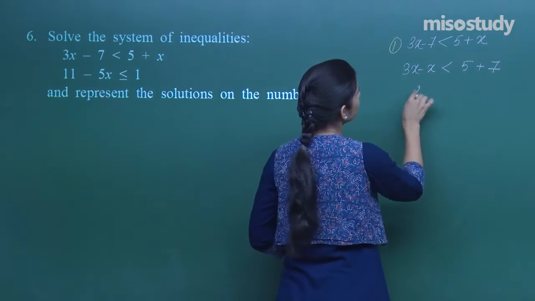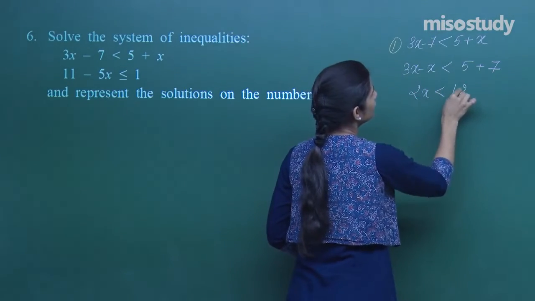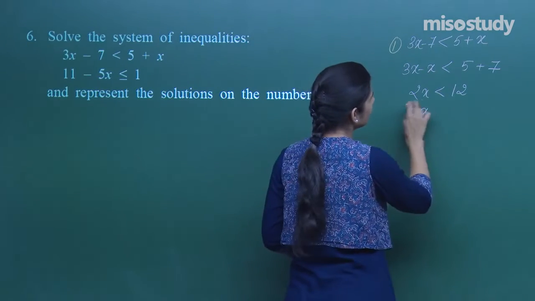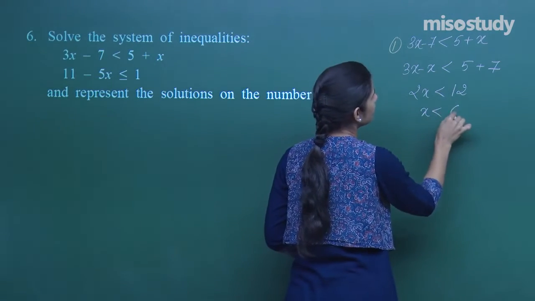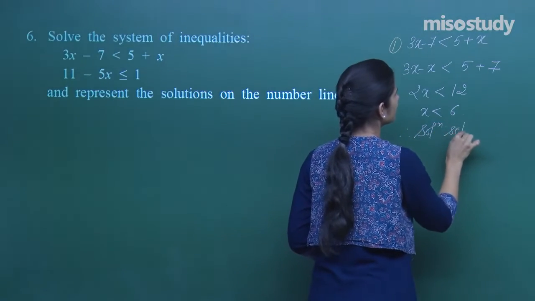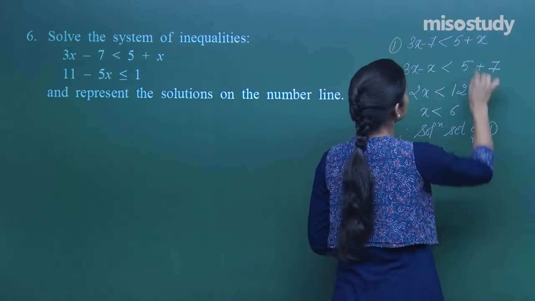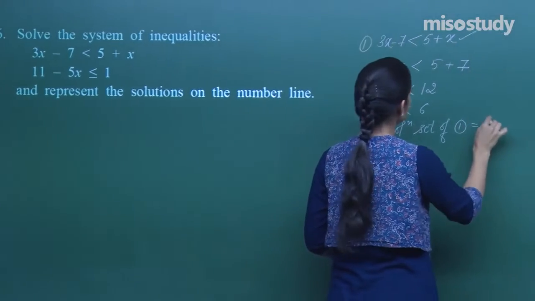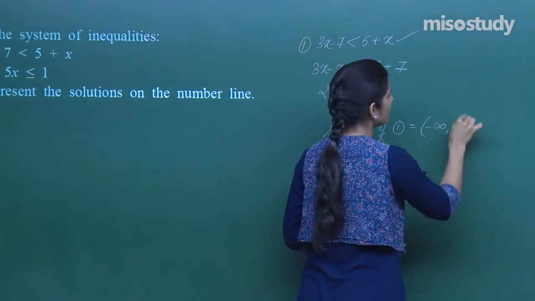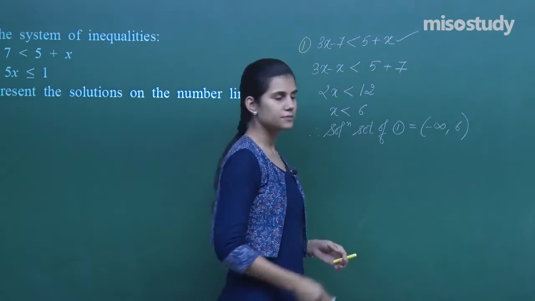Cool? 2x is less than 12. Now divide both sides by 2, you get x is less than 6. Therefore, solution set of this first linear inequation is x is strictly less than 6. That means this is the solution set.